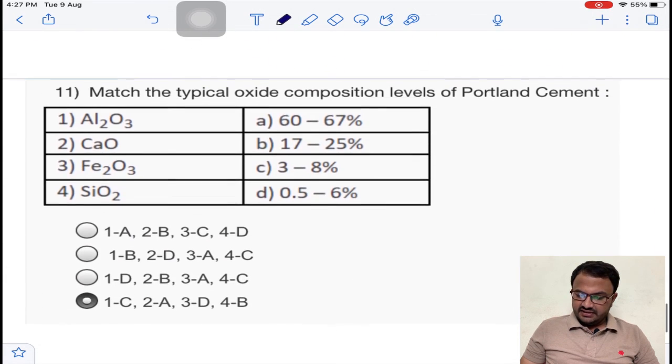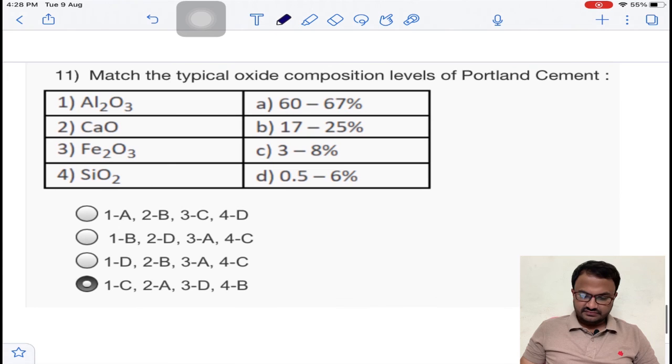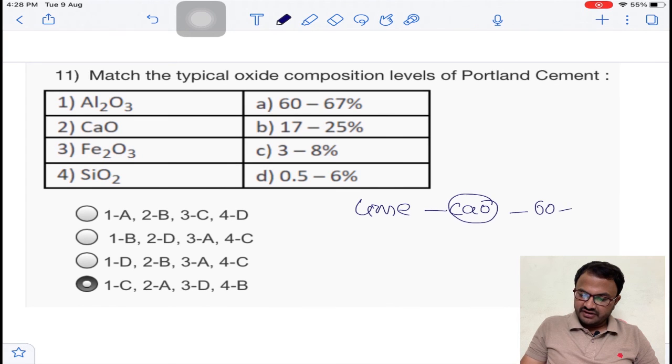And finally, question number 11. Last question. He has given some raw materials and the percentage of each on the right side. First of all, the largest constituent of cement is lime, that is CaO. It will be 60 to 67. Next, silica.